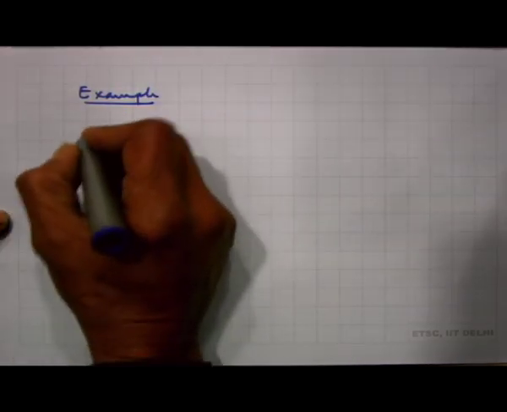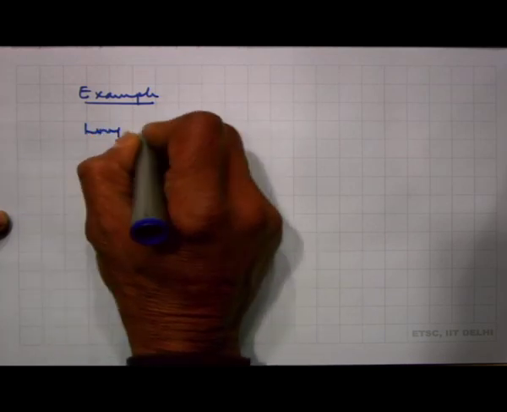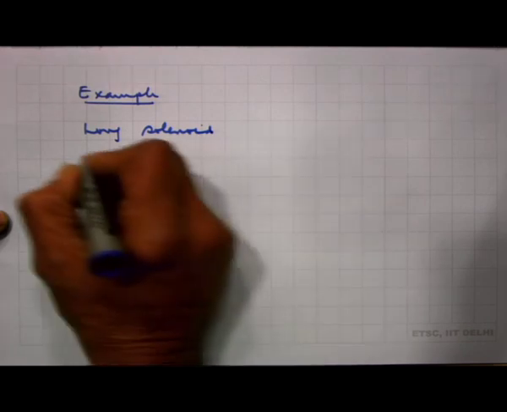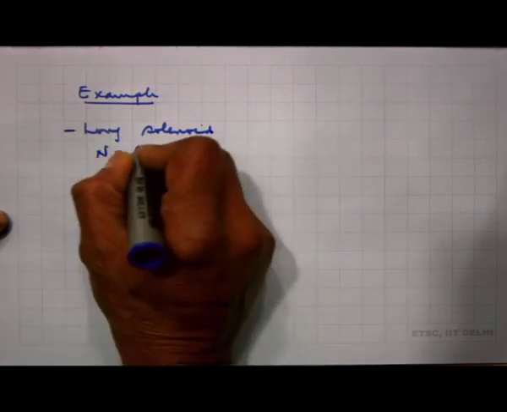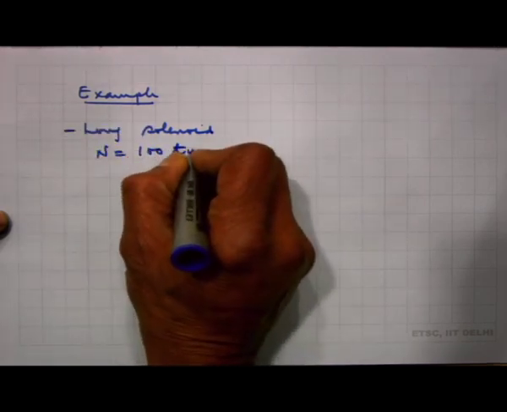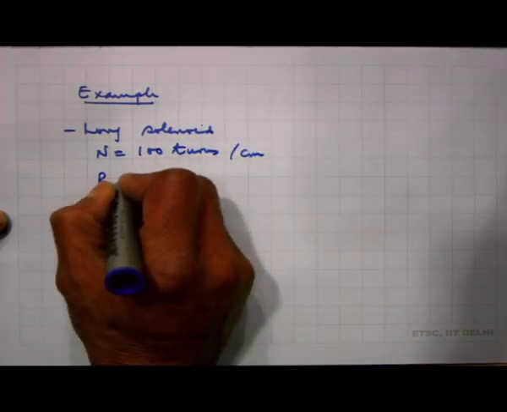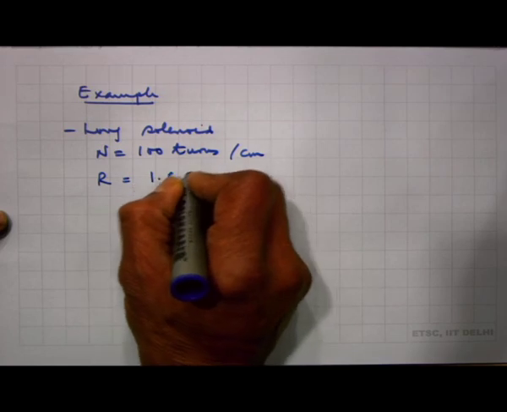Take a long solenoid having 100 turns per 10 centimeter. Let me take a radius of 1.6 centimeter.